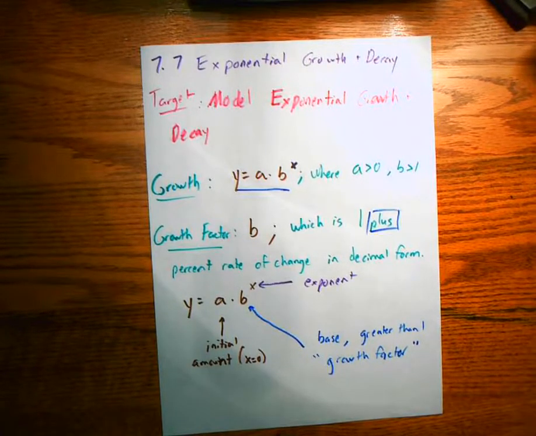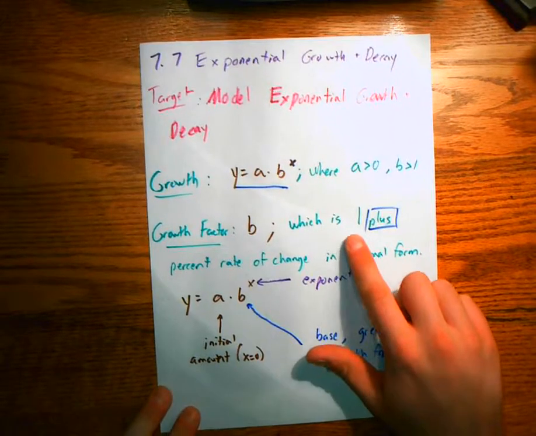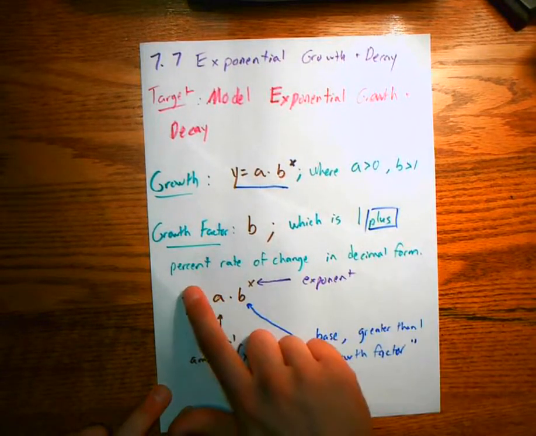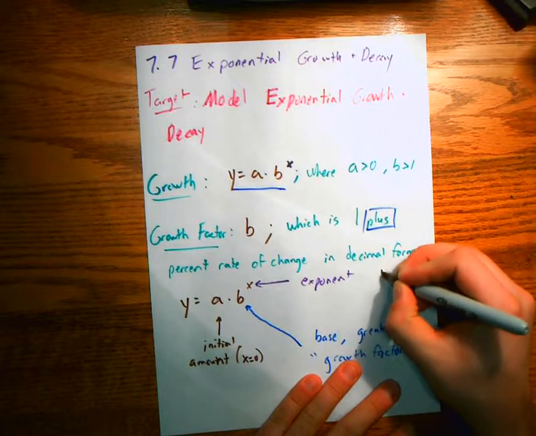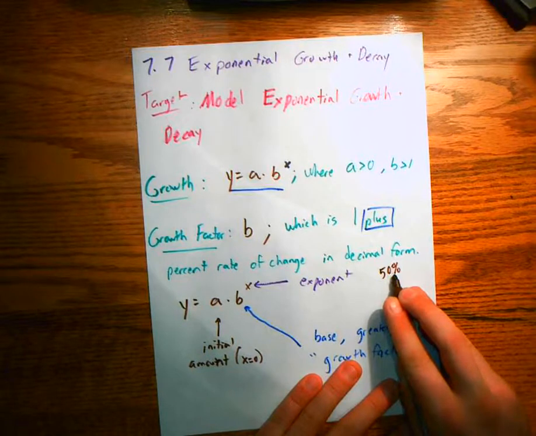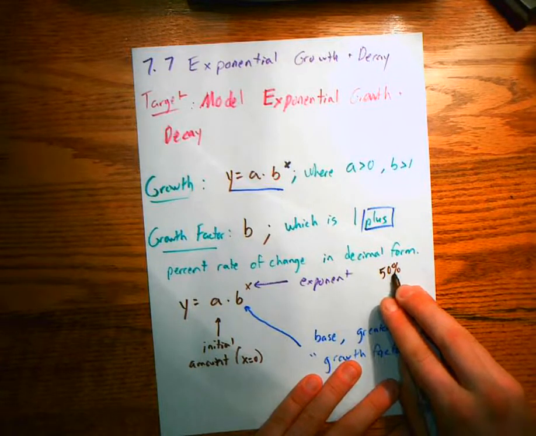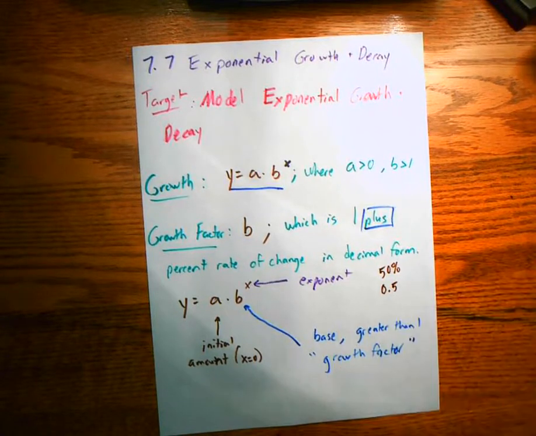Now, the number that determines how quickly and how sharply your exponential graph is increasing or growing is your b value. Your b value is the same thing as 1 plus the percent rate change in decimal form. So if your graph is exponentially increasing by, let's say, 50%, in decimal form that means you find the decimal placeholder and move it to the left 2 places, so it becomes 0.5 instead of a percent value.